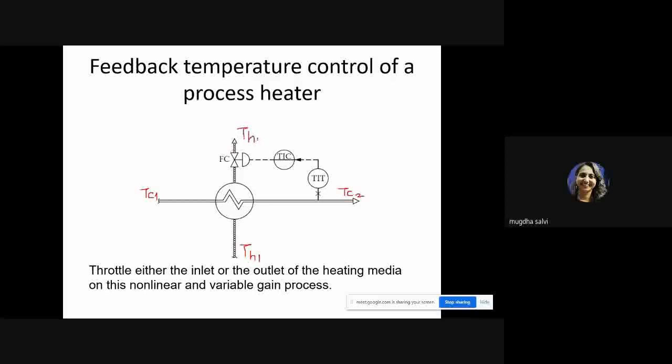By the way, all of these diagrams are directly from Process Control by Luyben, and I'm referring to it from the standard book itself.